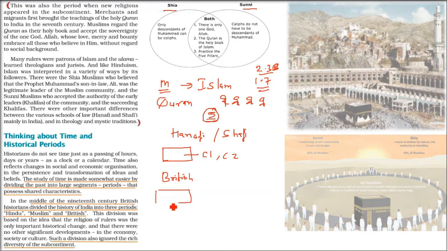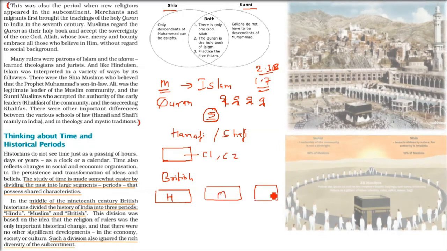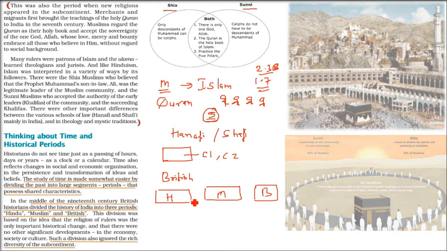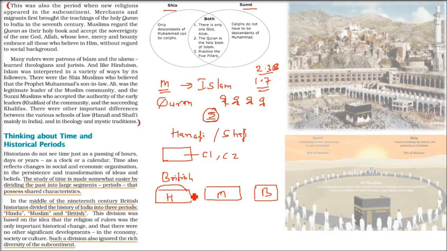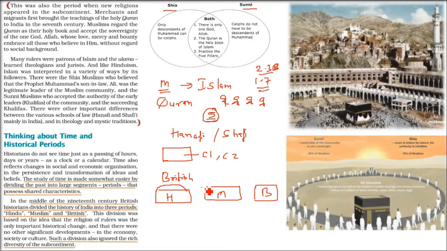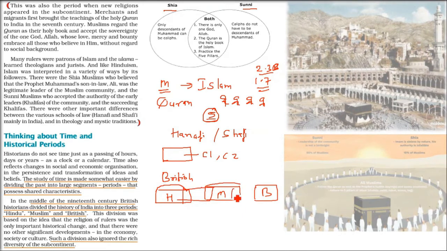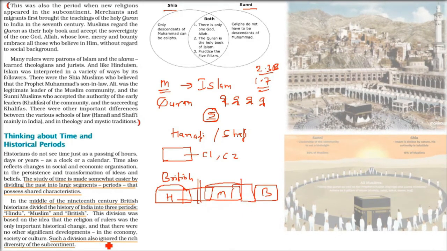Similarly, if you want to learn history, we ought to have different parts, different eras. So Britishers came and they said, okay, we will divide this era into 3 parts: Hindu part, Muslim part, and British part. Very few people actually wanted this kind of division, because the diversity of this subcontinent is not carried across, because these are quite interlinked. We don't have any clear distinction.